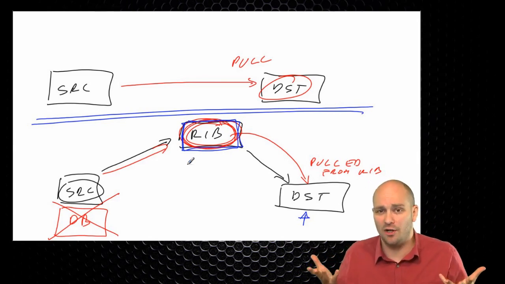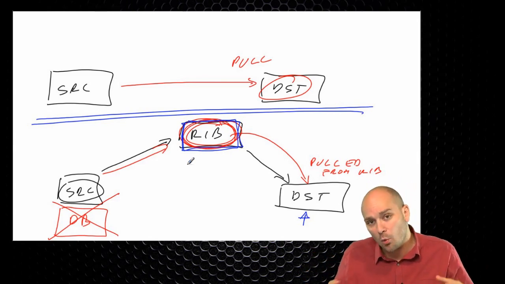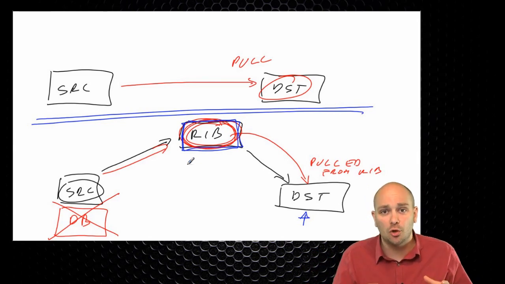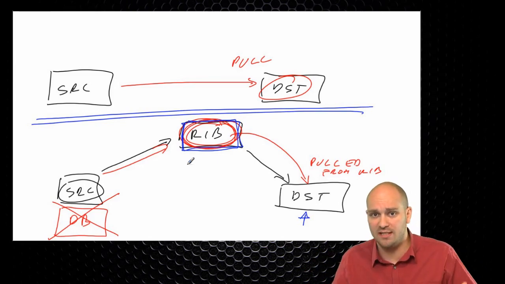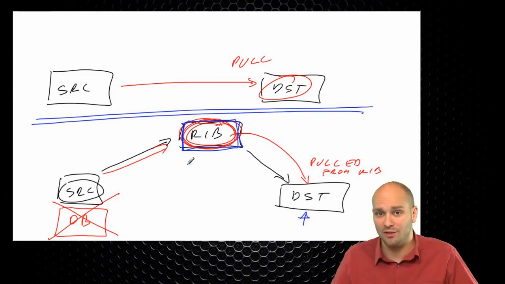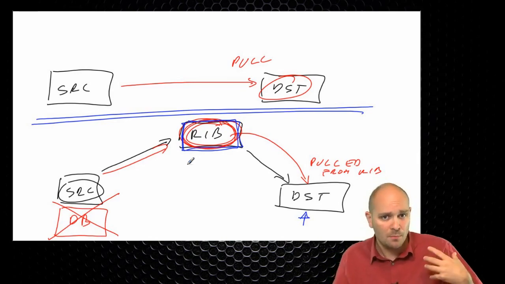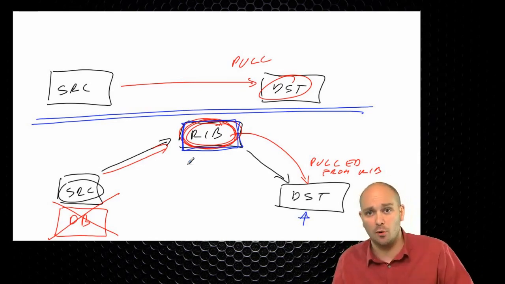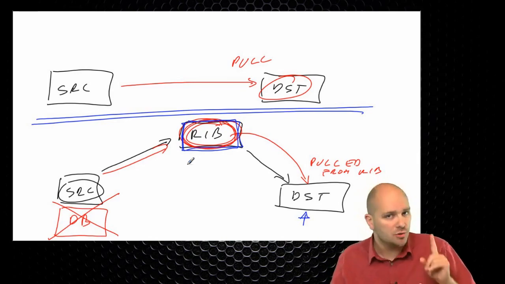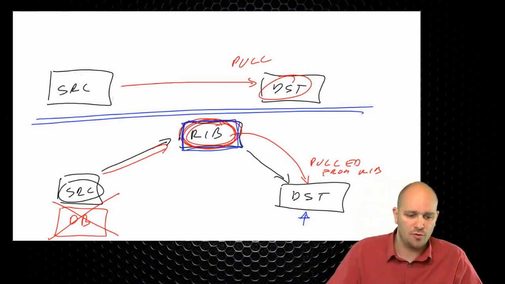Because it doesn't matter that it's in the EIGRP table. What matters is, was it installed in the routing table by EIGRP? If it wasn't installed by EIGRP into the routing table, it will not be redistributed into OSPF, because what is in the routing table may be coming from some other source. So that's number one thing to remember.